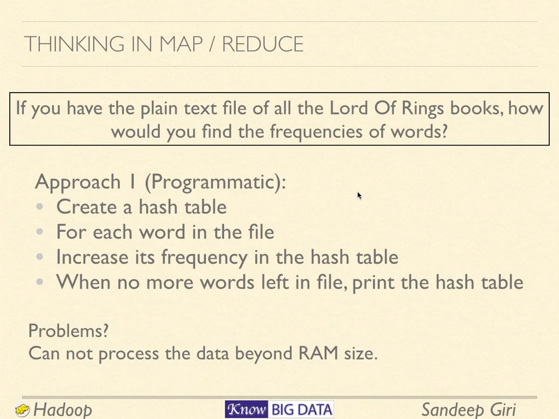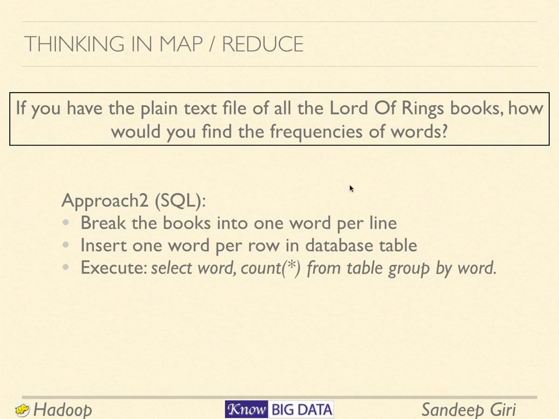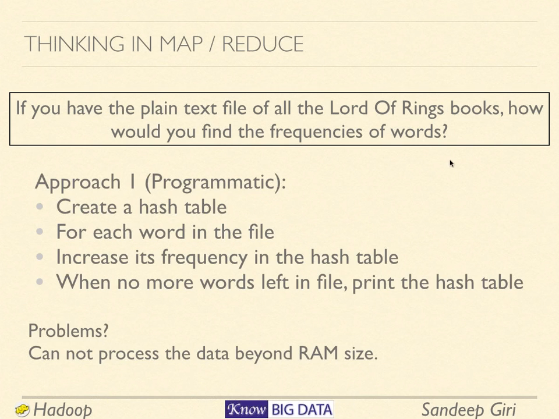Now approach 2. I will take up one approach at a time. Should I move on to the next approach, or do you have questions with respect to this approach? Feel free to ask.